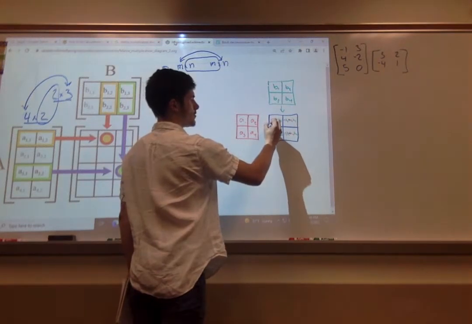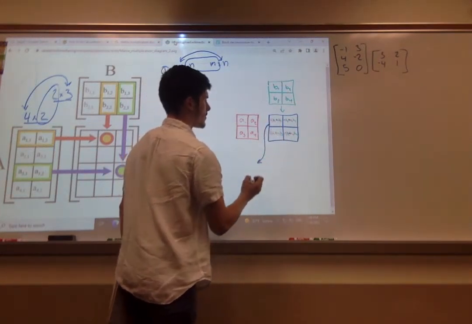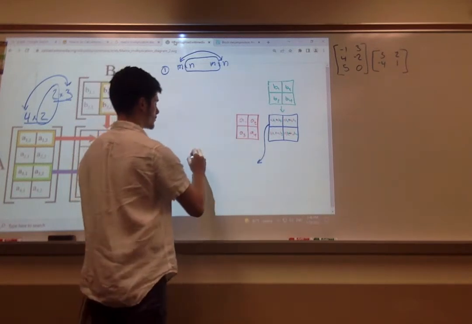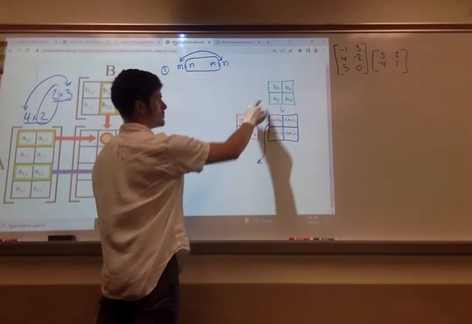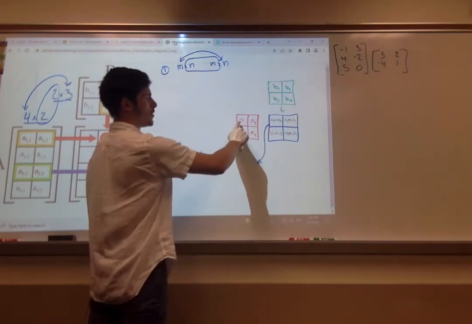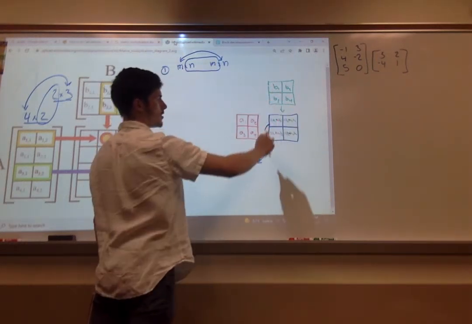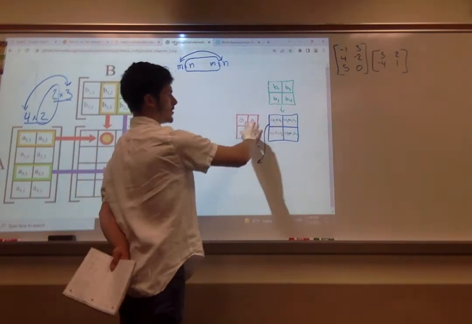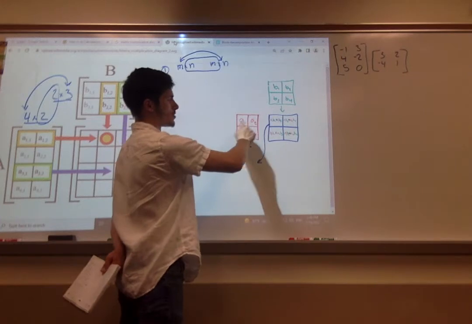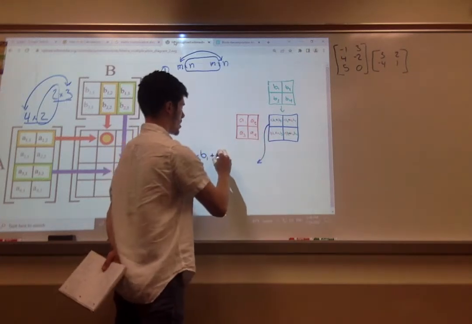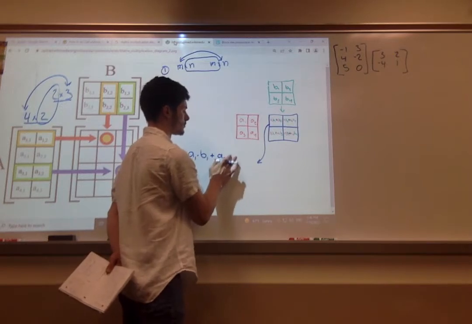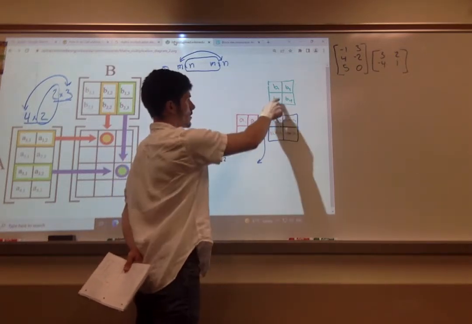So what this is, right here, the top left, is going to be A1 times B1, because it's top left, plus, and we still have more entries in the top row, A2 times B3.